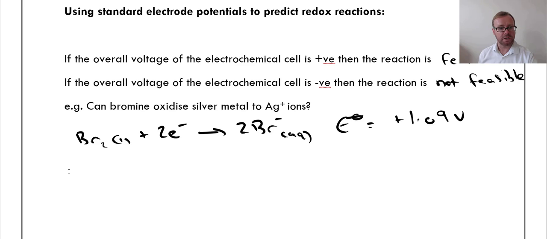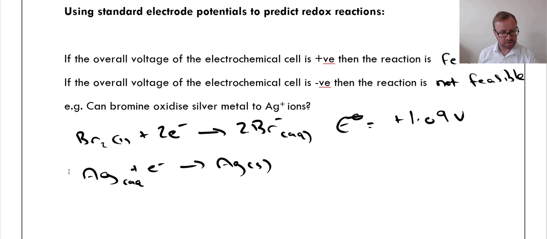Can bromine oxidize silver metal to Ag+? So I will write it quickly the right way around, Ag solid, Ag aq.